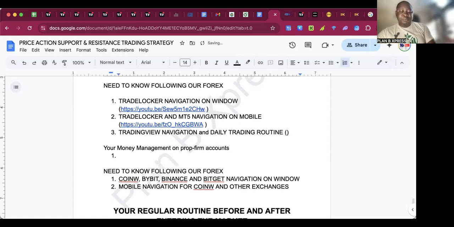One, work with your overall drawdown and daily drawdown.